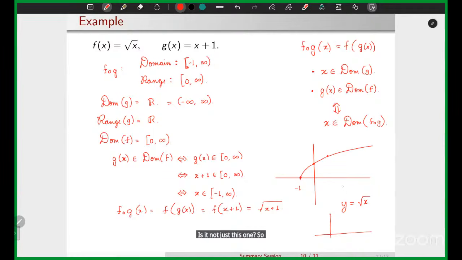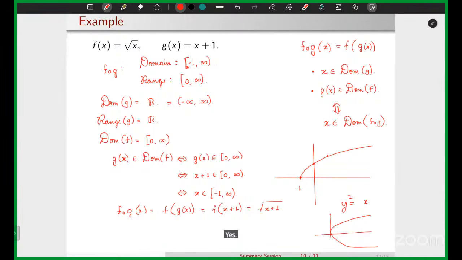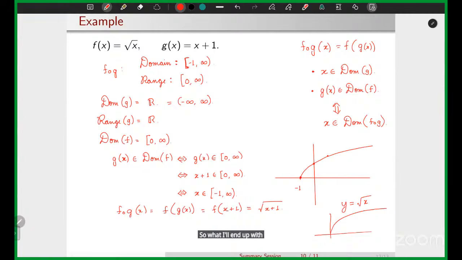So y square is equal to x. We saw this y square equal to x, right? That was this sort of parabola, and that's not a function because the positive value of y as well as the negative value of y comes into picture. But if I write y is equal to square root of x, there we are taking only the positive square root. So what I'll end up with is this.